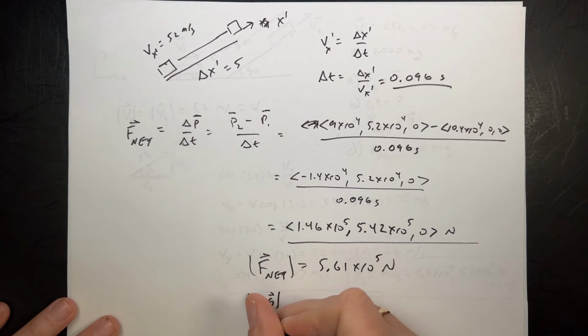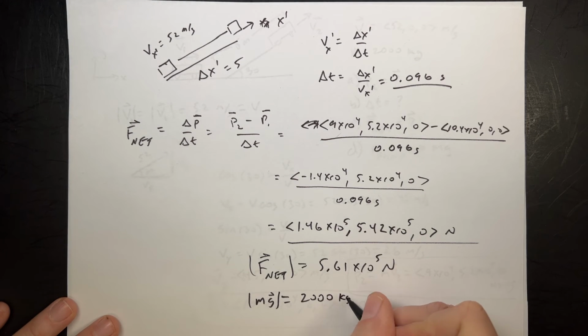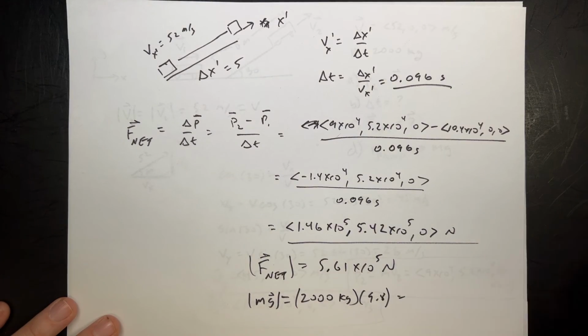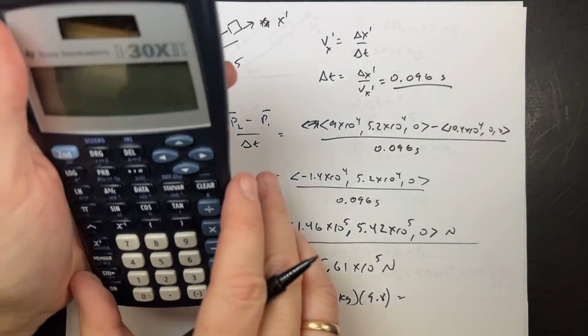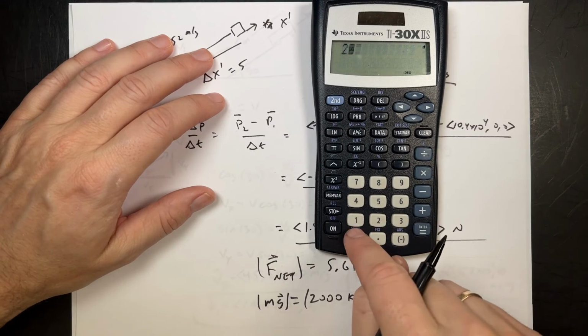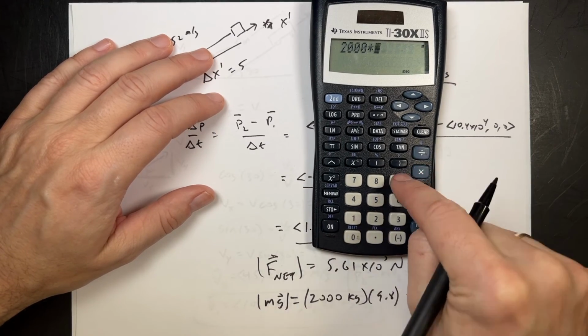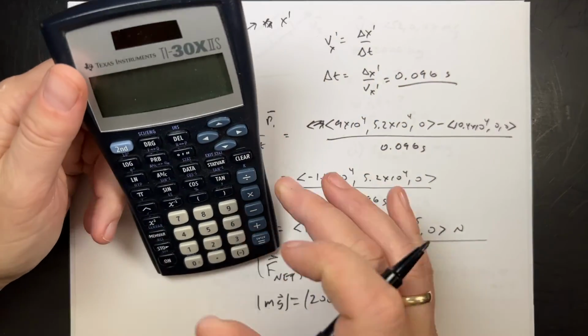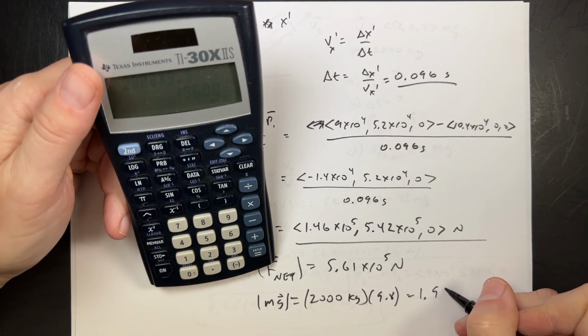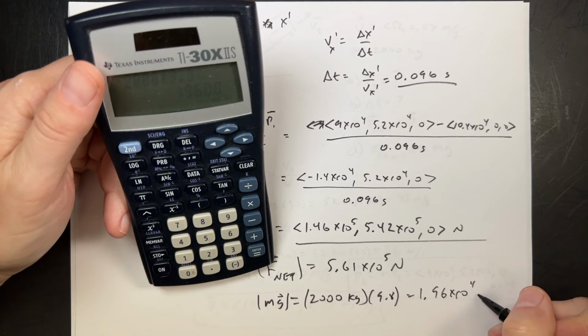Now let's compare that to the weight. mg, the magnitude, is going to be the mass, 2,000 kilograms, times 9.8, which is the magnitude of g. So that's not too hard. I can actually do that in my head, but I'm not going to because I'll make a mistake. 2 times 9.8 equals, and I get 1.96 times 10 to the 4th newtons.